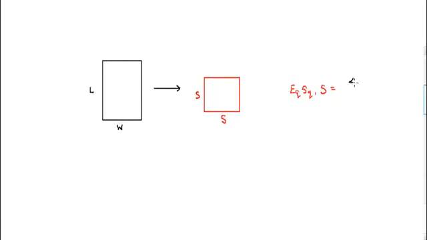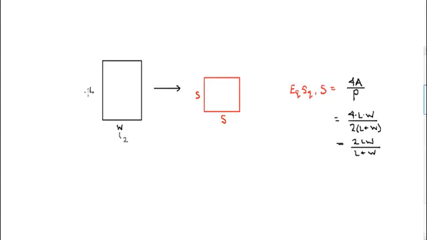Equivalent square S is equal to 4 times the area divided by the perimeter. You could also write this out as 4 times L times W, that's the area, divided by the perimeter, which is 2 times (L plus W). Or you could write this as 2LW divided by (L plus W). So whichever way is easier for you to remember.